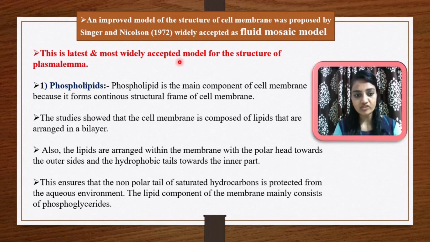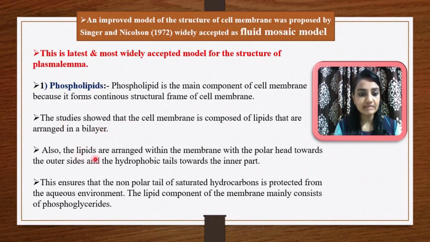First of all, the main component of any cell membrane is phospholipid, because it forms a continuous structural frame of the cell membrane. The studies showed that the cell membrane is composed of lipids arranged in a bilayer.